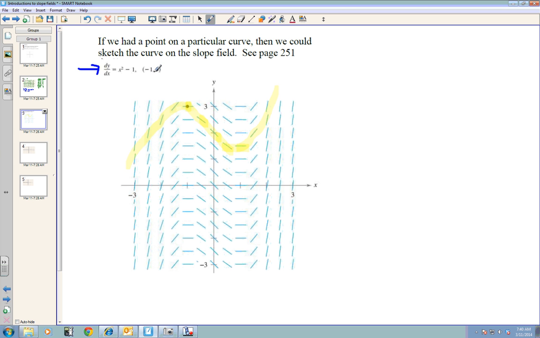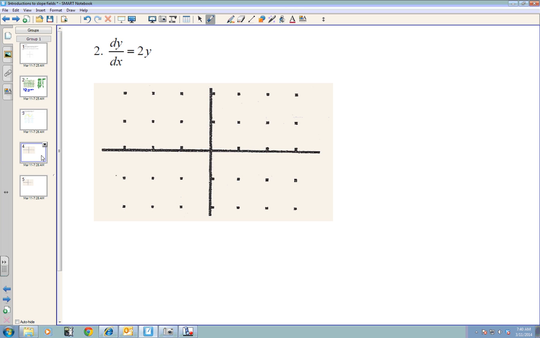But then they want me to draw the curve through the point negative 1, 3. So they've plotted the point negative 1, 3. They've already done their slope field, and then they just kind of sketched this curve following their slope field through that particular point. Okay, so let's do another problem off of your worksheet.